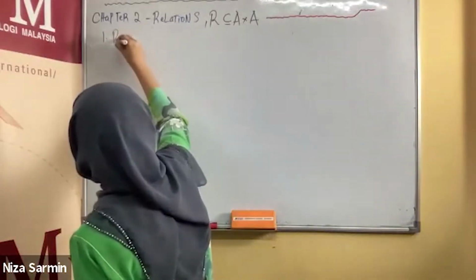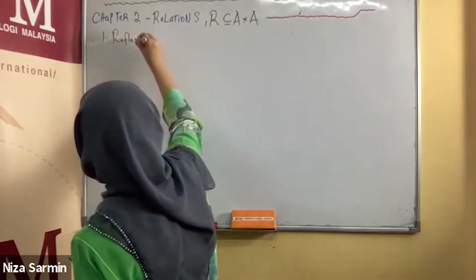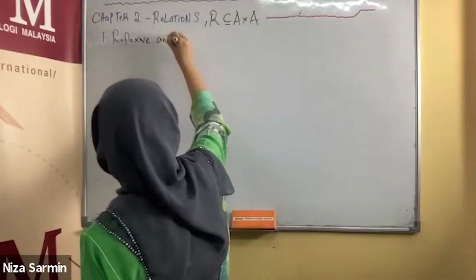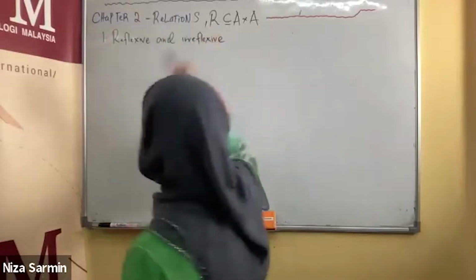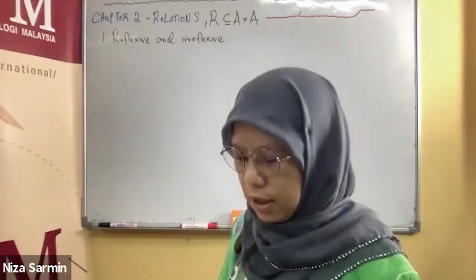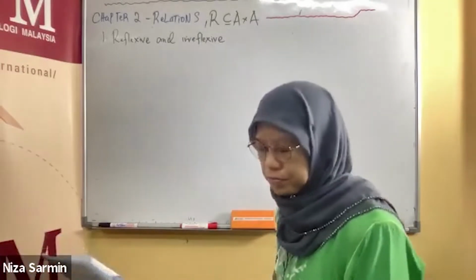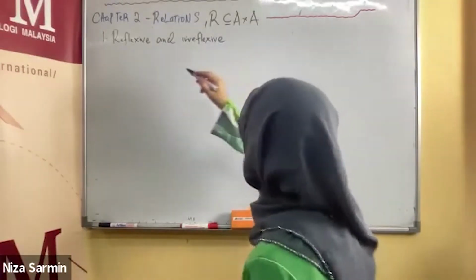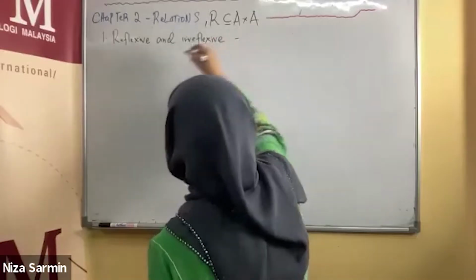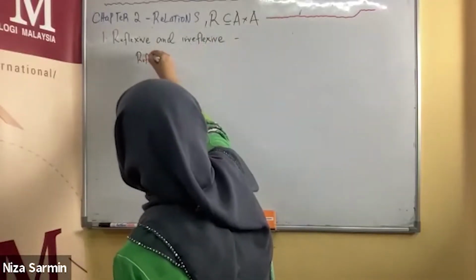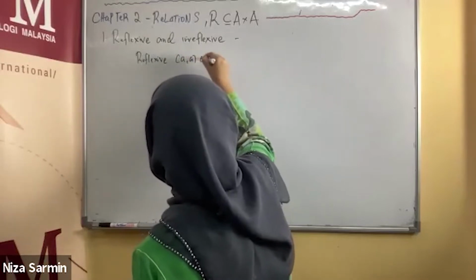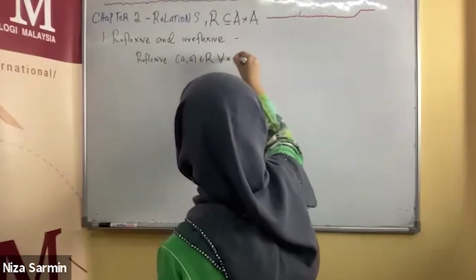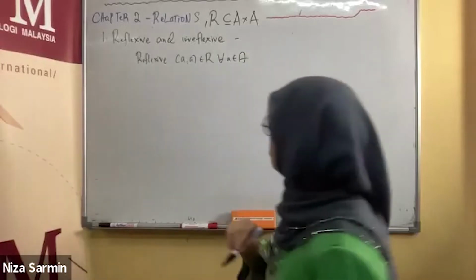So the first one is reflexive and irreflexive relation. All right. So for reflexive, it is (a, a) in R for all a in A. Right?